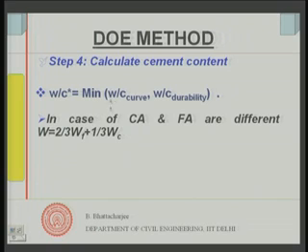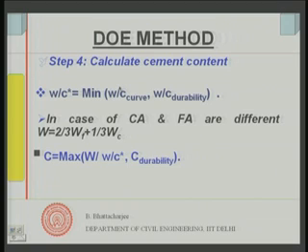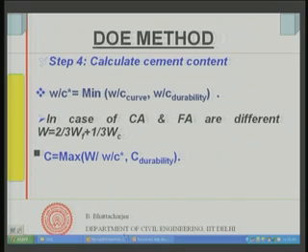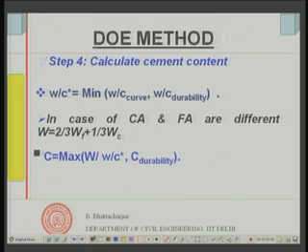So, use this water content now together with the water cement ratio that you have determined to find out the cement content, which will be W divided by W by C star, and C durability, whichever is higher. In other words, let us look at this again.